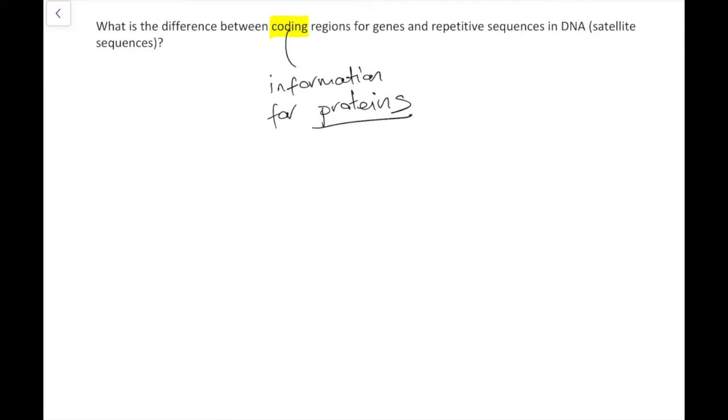So there are regions in the DNA which have the code to make a protein. If we looked along the genetic code, then particular sections would have information to make a protein.